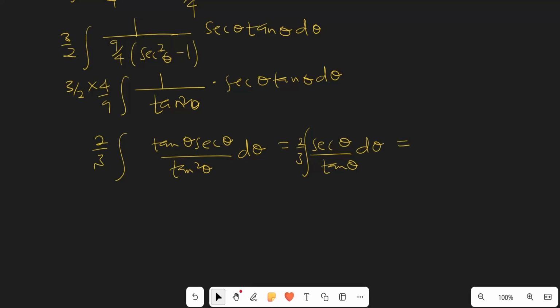That becomes 2/3 the integral; secant theta is 1 over cosine theta, times 1 over tangent theta, and tangent theta is sine over cosine. So 1 over tangent theta is cosine theta over sine theta d theta.